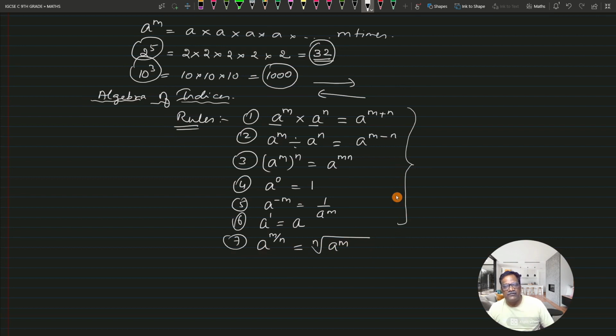So all these rules, once you are familiar with them, you should know how to use them. In indices at the IGCSE level, you have to first understand these rules and understand how to use them. With this as the reference, let us go to exercise 12 of the David Rayner book.